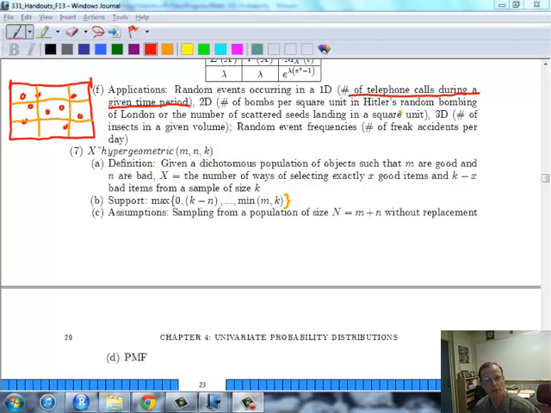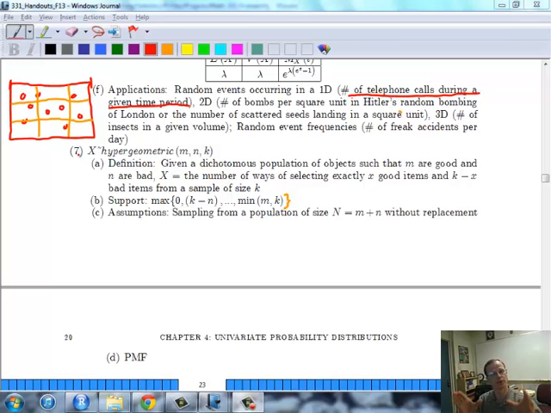For our last probability distribution, we're going to do the hypergeometric, which is our 7th. The hypergeometric big picture is kind of like the background to the binomial, but our population is finite.